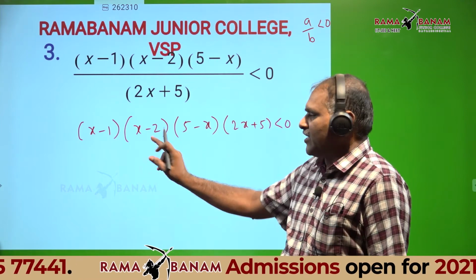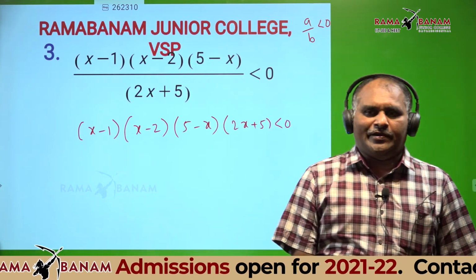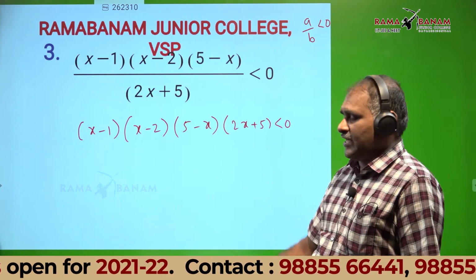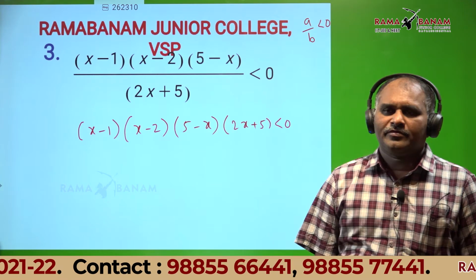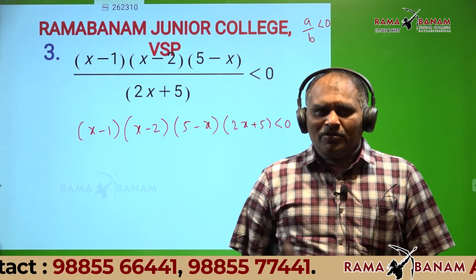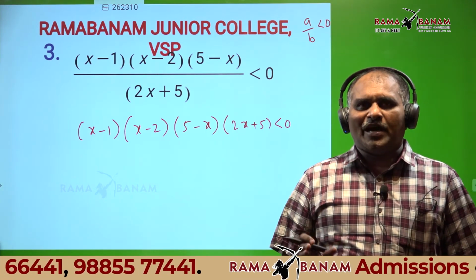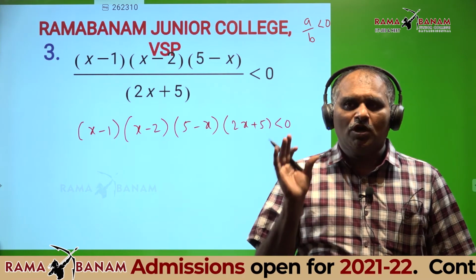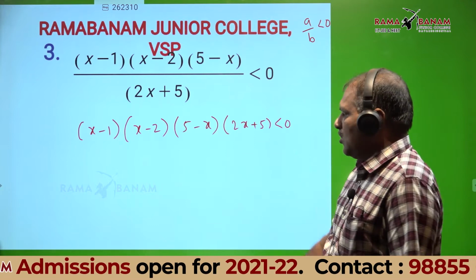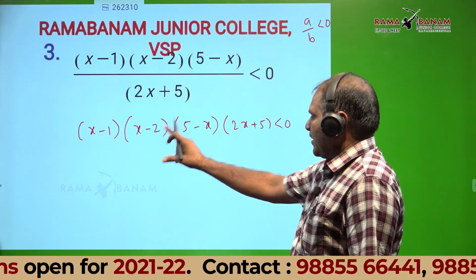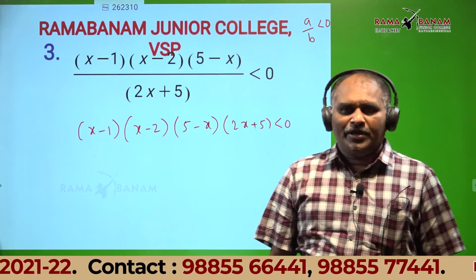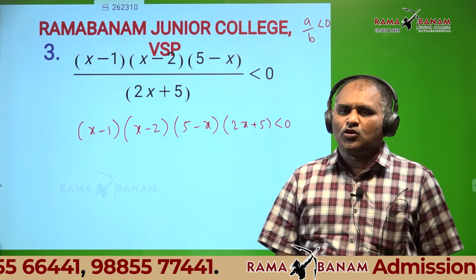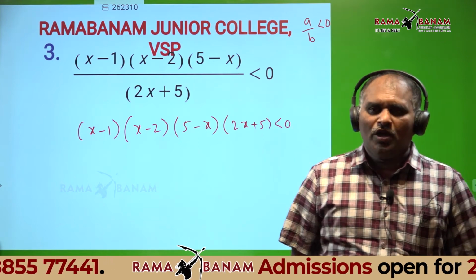Second bracket, what is the x coefficient? In the third bracket, what is the x coefficient? Minus 1, sir. Therefore, the highest degree term coefficient must be positive. The first, second and fourth terms are positive, but in the third term the x coefficient is negative.